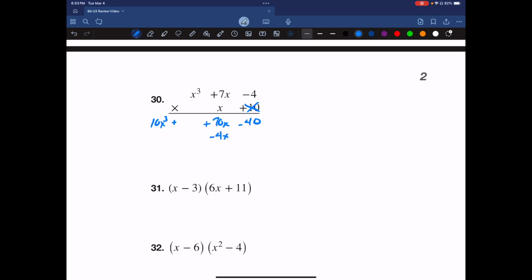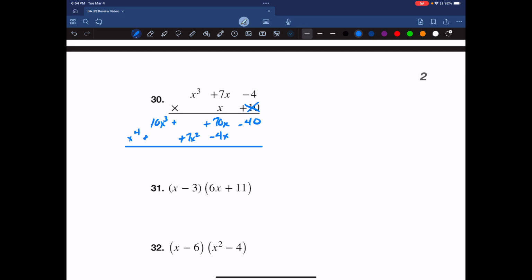When you're doing this, you're creating that vertical addition. You want to make sure that your terms are aligned. So you've got x times 7x, which is plus 7x squared. Now you start to see why I moved that 10x cubed out further, so that I had space for this. And then you have x cubed times x, which is x to the fourth. So I'm going to put that x to the fourth out here.